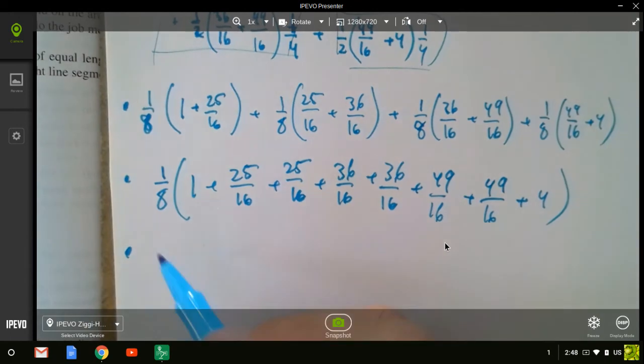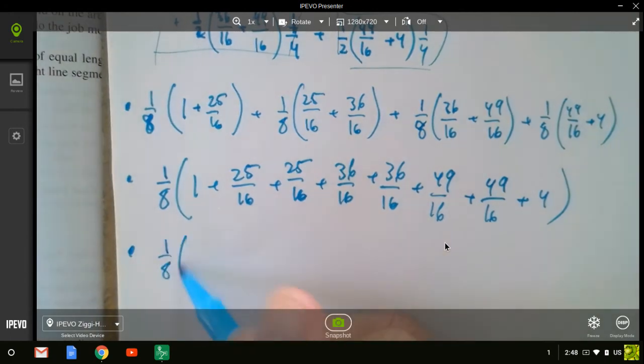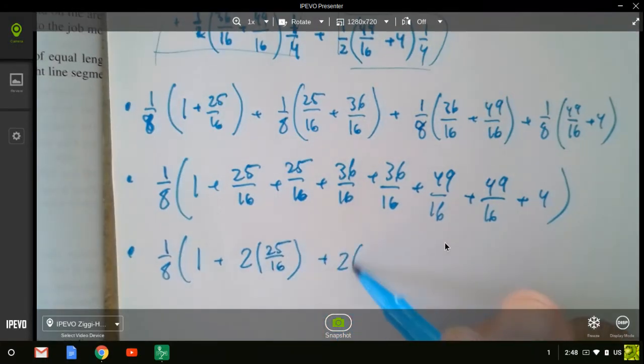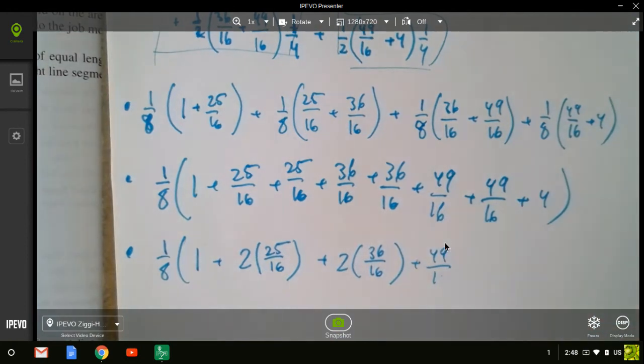It's going to be 1 over 8 times 1 plus 2 times 25 over 16 plus 2 times 36 over 16 plus 2 times 49 over 16.